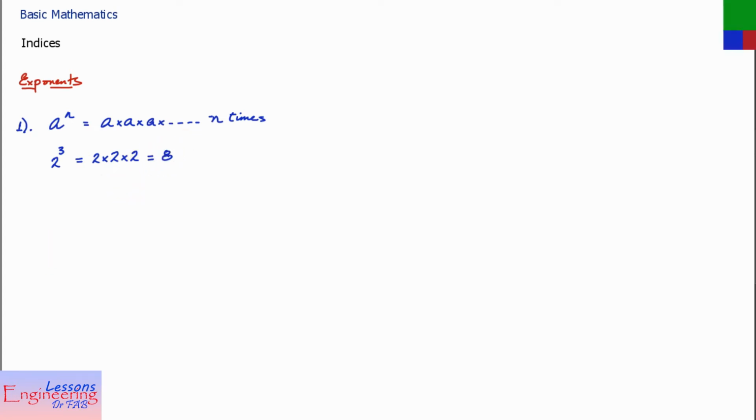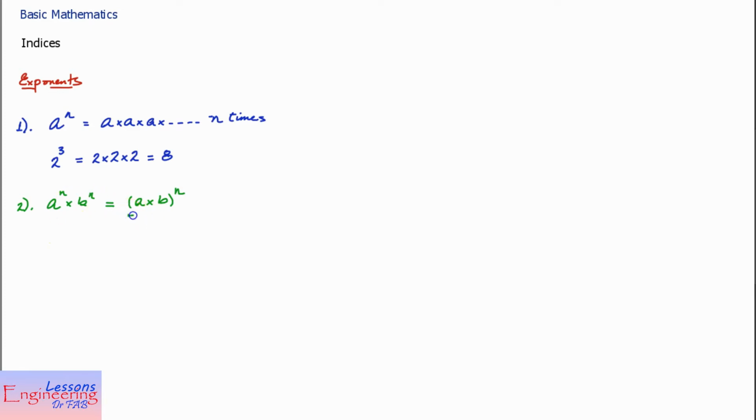Another rule in indices is a raised to n times b raised to n. In this case we have two different bases but the same exponent, so it's possible to collect the bases together, which is a times b, and the whole raised to n.